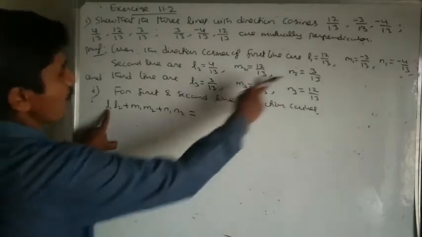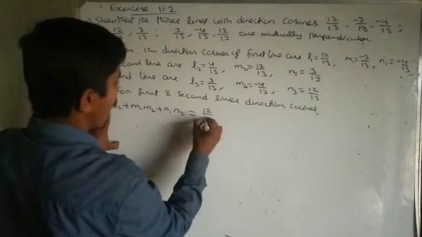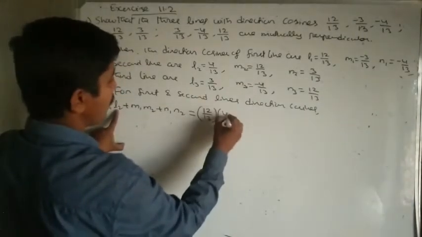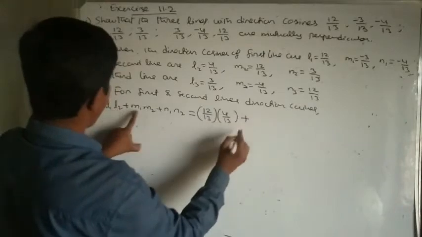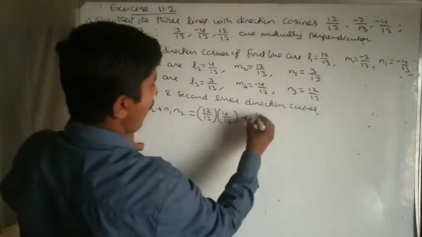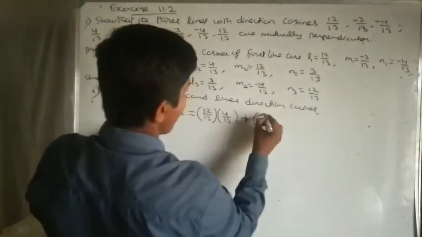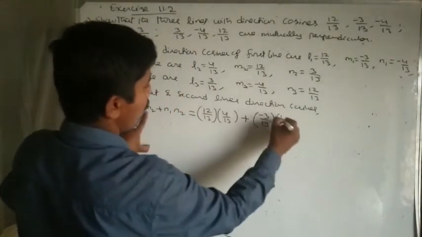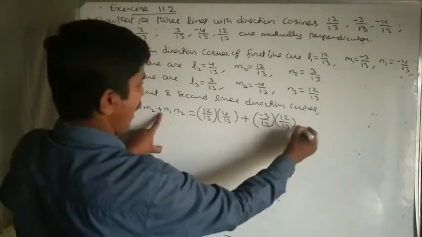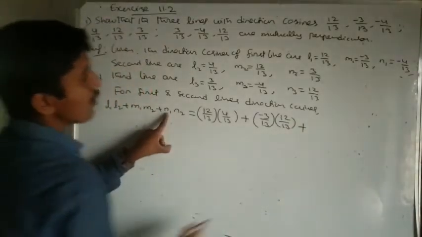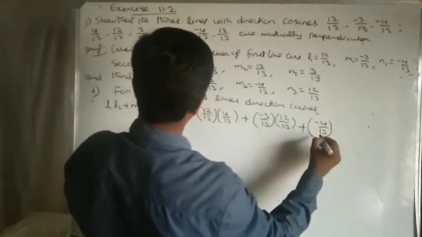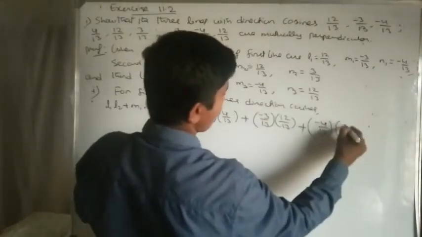L1 value 12 by 13 into L2 value 4 by 13, plus M1 into M2, M1 value minus 3 by 13 into M2 value 12 by 13, plus N1 into N2, N1 value minus 4 by 13 into N2 value 3 by 13.